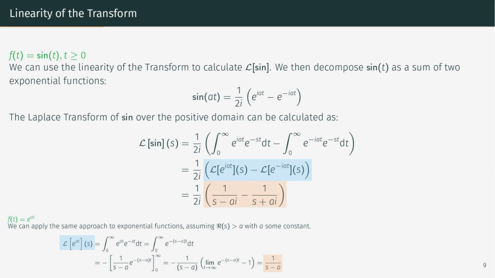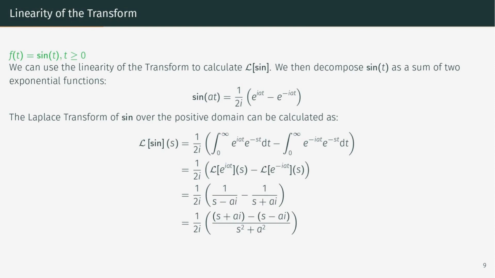Therefore, our result becomes 1 over 2i times 1 over s minus ai minus 1 over s plus ai. We can then use basic algebra to rewrite the fractions over a common denominator such that we get 1 over 2i times s plus ai minus s minus ai, all over s squared plus a squared.